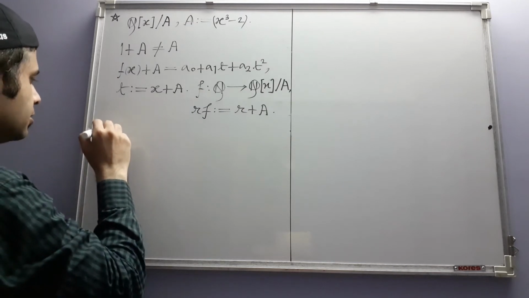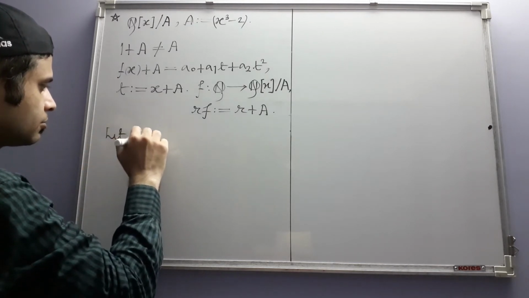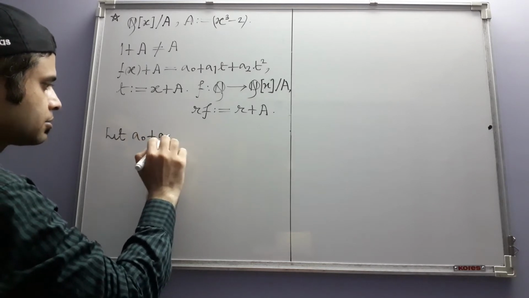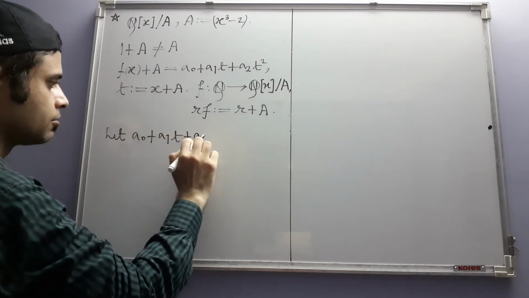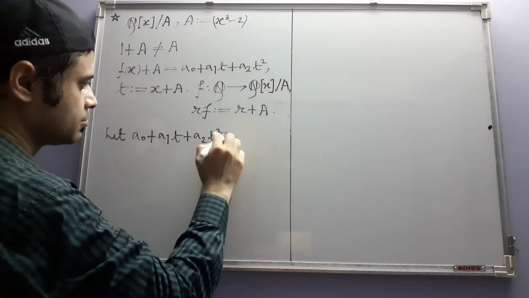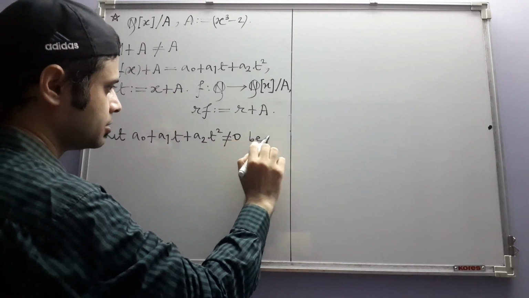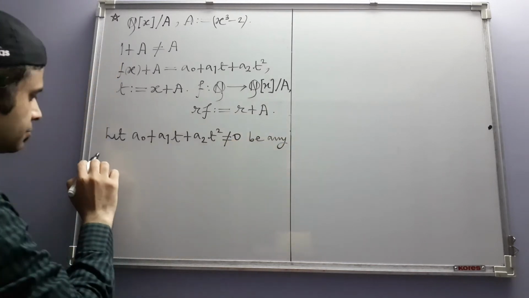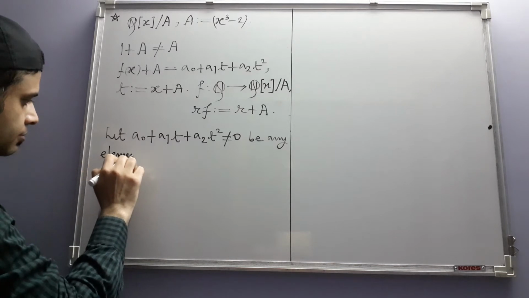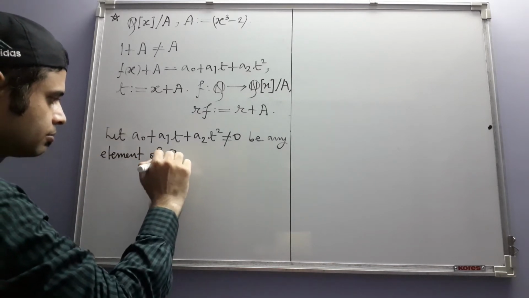So we start like this. Let a0 plus a1t plus a2t square be non-zero, and let this be any element of the quotient.